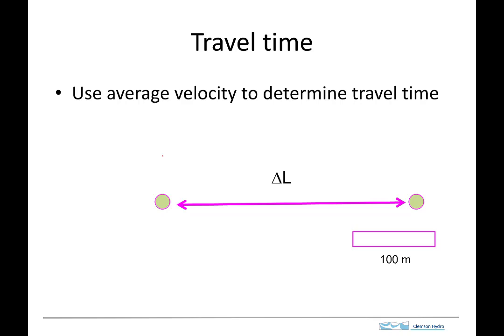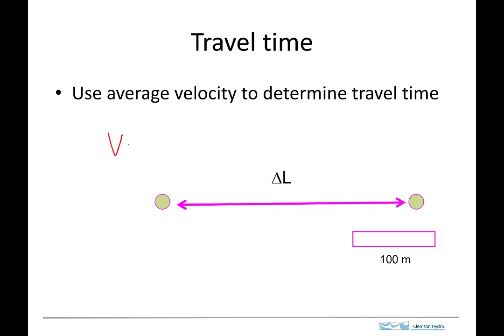So one reason for wanting to know the velocity is to estimate the travel time. And the travel time is how long it takes a particle of water or material moving with the water at the same pace as the water to travel over a unit of distance.